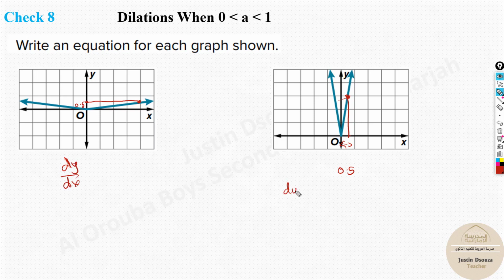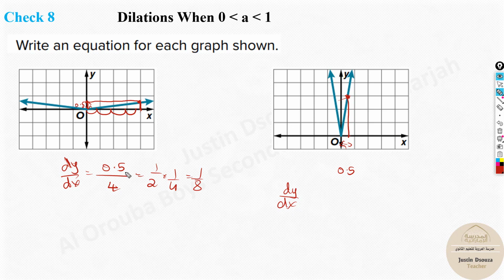Same thing here. What is the y here? Y is 0.5. What about the x? Let's count. 1, 2, 3, 4, right? It's at 4 that we are getting 0.5. So divided by 4 units. So what is this? It's half into 1 by 4. That is 1 by 8.